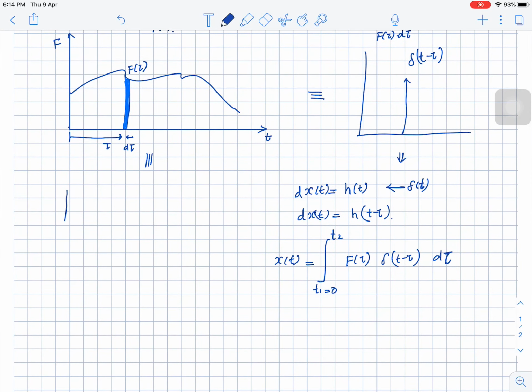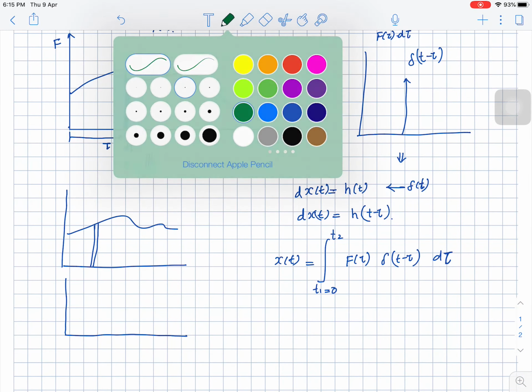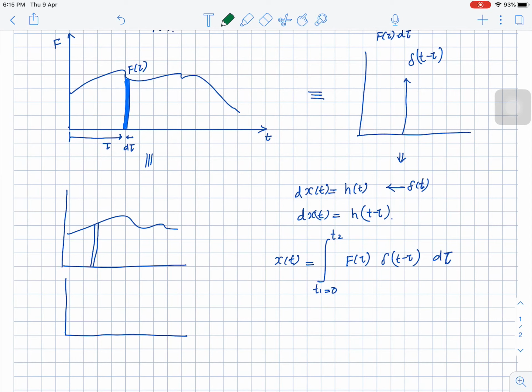So what this says is we have some arbitrary function. We will take one strip and model this as an impulse load. For an impulse, we have a response h of t that goes like this. Nearby there will be another impulse, that will also go like this, therefore another impulse.